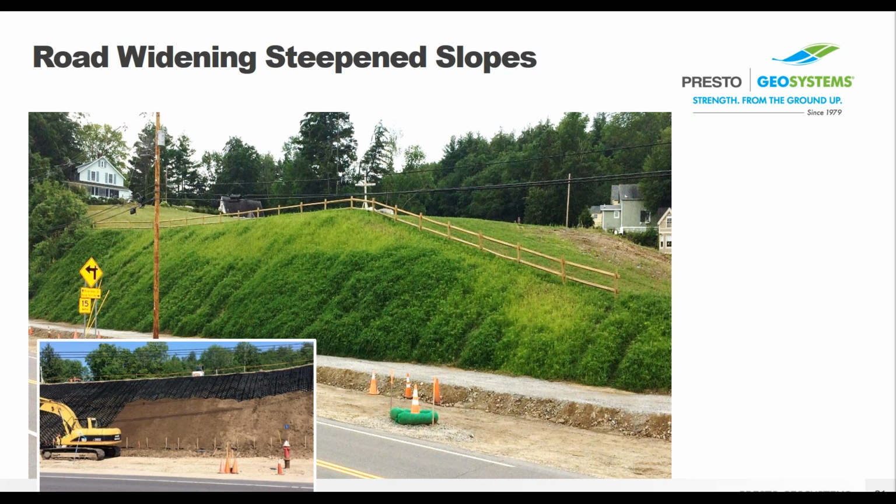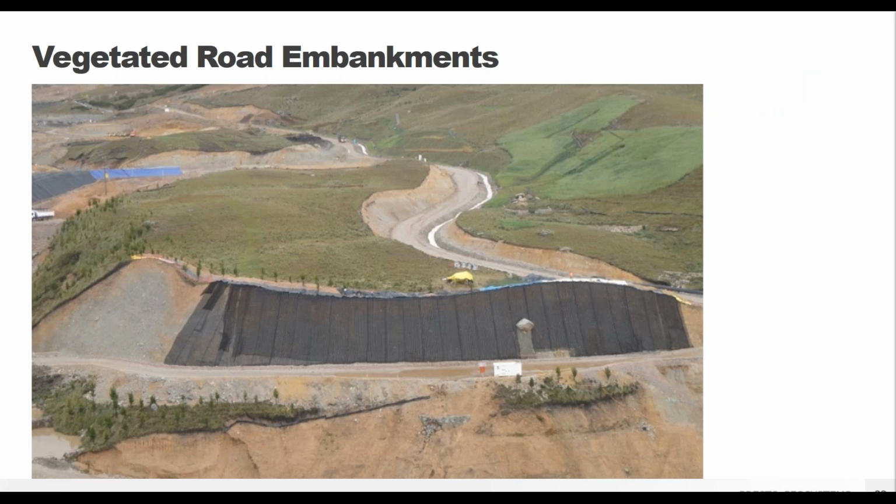The GEOWEB Slope Protection System allows for those steeper slopes to be created without erosion concerns. And the system can be installed quickly and then vegetated really quickly so that there isn't a long construction time that might shut down those important roads. So ease and speed of construction are definitely some important features of the GEOWEB system that everybody appreciates.